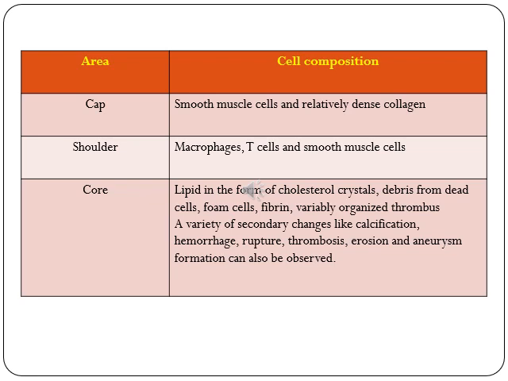Shoulder is comprised of macrophages, T cells, and smooth muscle cells, whereas the core, the centralmost area of an atheromatous plaque, comprises lipids in the form of cholesterol crystals.